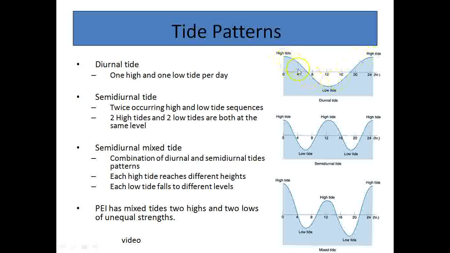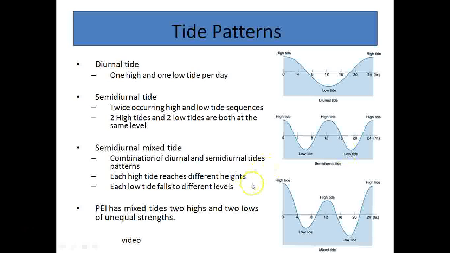So one high tide and one low tide per day. If it's semi-diurnal, then you can see there are 2 high tides and 2 low tides. Not only do they have 2 of each in the day, but they're at the same levels. So the 2 high tides are the same level, and the 2 low tides are the same water level.